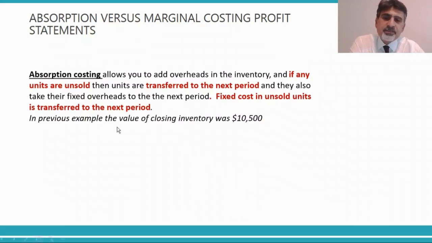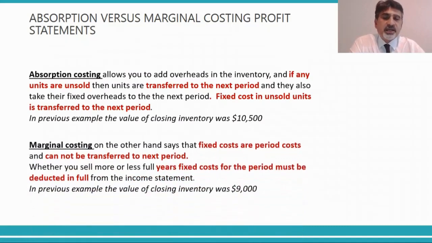In the previous example, the value of closing inventory was 10,500. Under absorption costing, we said 300 units multiplied by 35, 10,500 was your closing inventory. This closing inventory 10,500 includes 1,500 of fixed overhead. So fixed overheads are transferred to the next period.